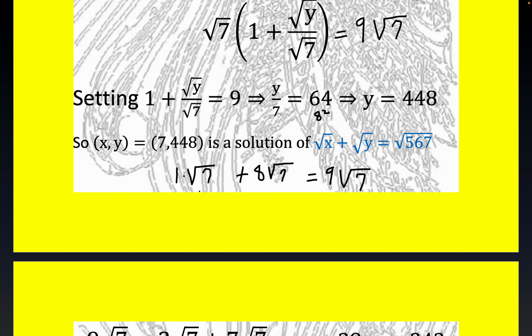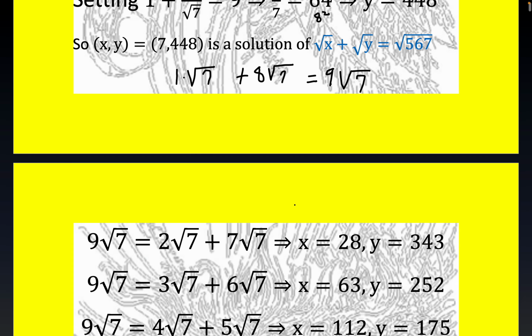Now the very same pattern, where we have integer coefficients summing to 9, is going to repeat. Right here we have 2 plus 7, which also sums to 9, and that leads to x equals 28. Remember, 28 is 4 times 7, so the square root of 28 is exactly this piece right here. I won't write down all the arithmetic.